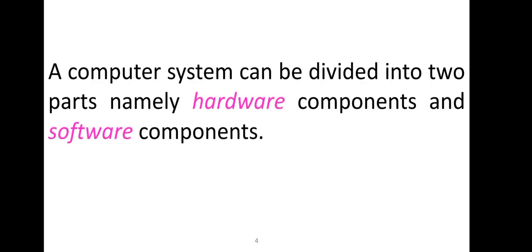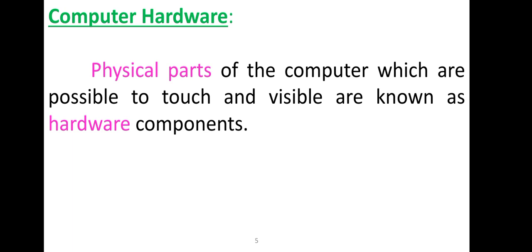So basically, a computer system can be divided into two main things: the hardware components and the software components. If you consider any computer system, it will basically have these two parts. So what is hardware? Hardware generally means the parts we can physically see and sense by touching.